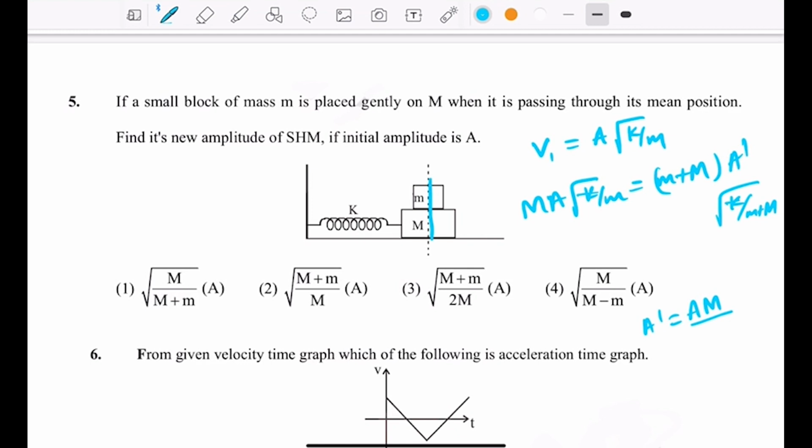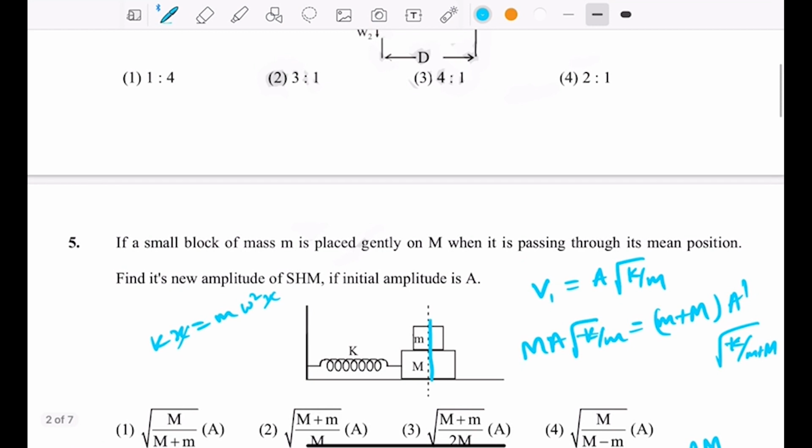Omega is under root k by m. Ah, missed it. I'll come back to this later.